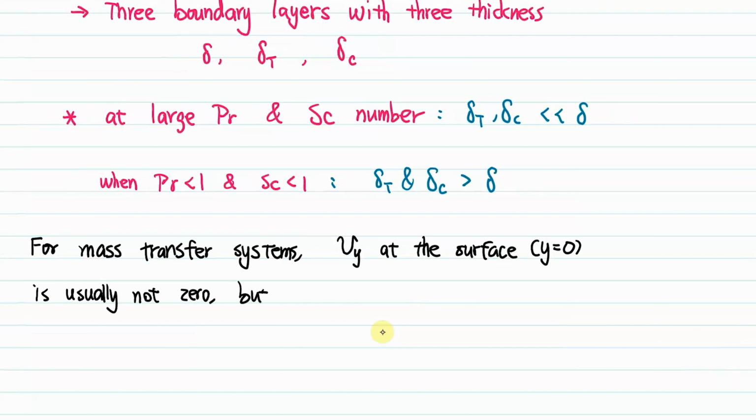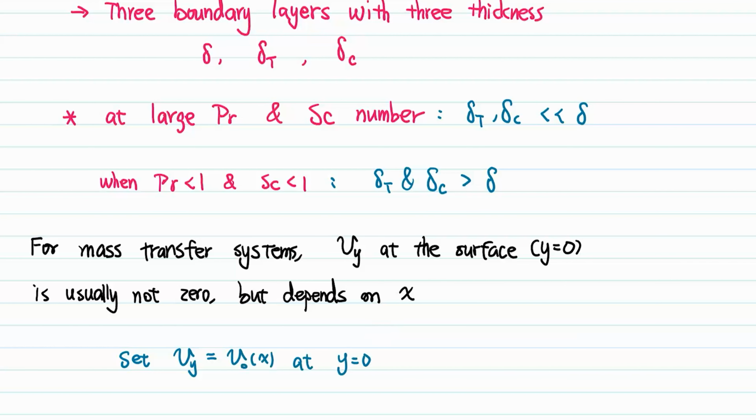But it really depends on the position. Okay, so we typically set v sub y equals v naught of x at y equals 0.